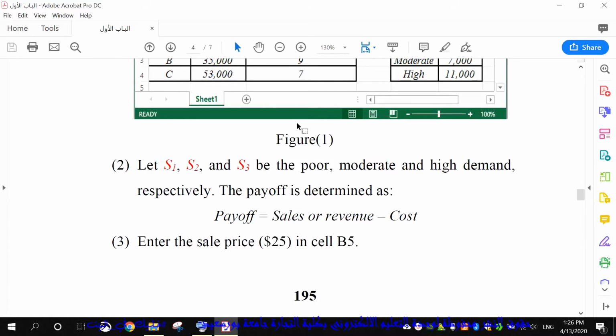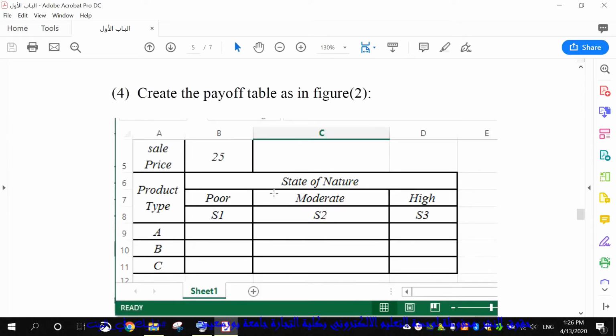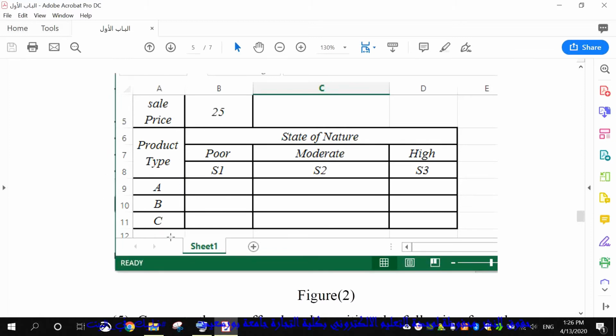The cost consists of 2 parts, a variable cost and a fixed cost. After entering the sales price $25 in cell B5, we create the payoff matrix as in figure 2.